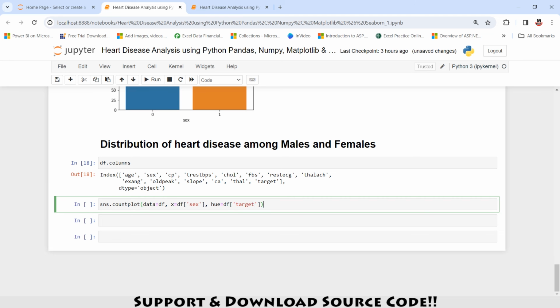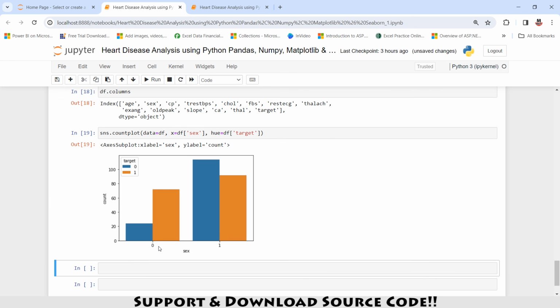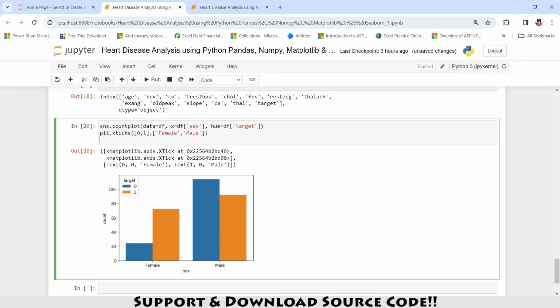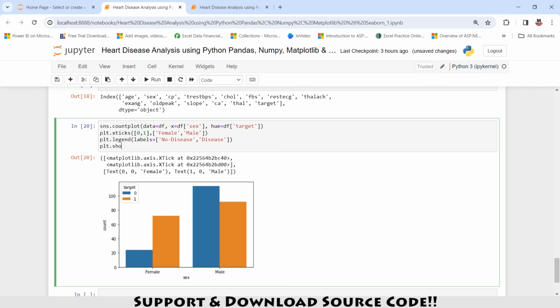If I press Shift Enter, this is showing me 0 for female and 1 for male. Now here I'm going to write plt.xticks. If I press Shift Enter, again I am typing plt.legend, labels equal to no disease and disease. plt.show.